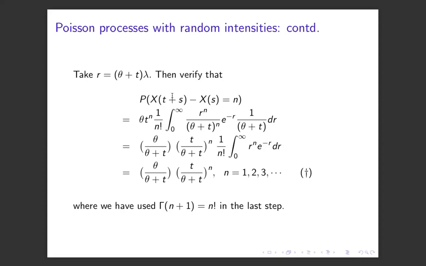So we have now this counting process X, and the probability that X_{t+s} minus X_s equals n is given by this. Now, if you put this as p, this is 1 minus p, or the other way around.